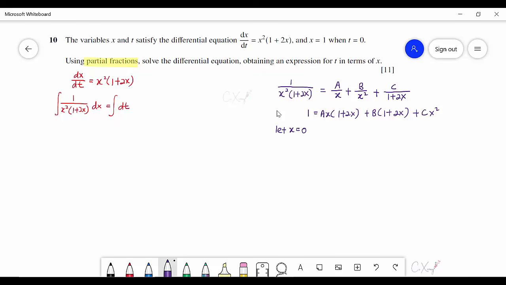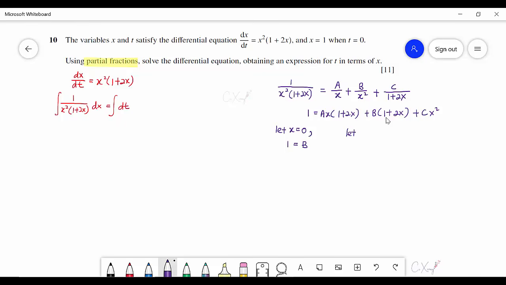When I let x equals 0, the left hand side is still a 1. For the right hand side, when you substitute x equals 0, the whole thing related to a will disappear, because the whole term becomes 0. The term related to c also becomes 0. So I have only this part left. Very obvious, you can see that b is equal to 1.